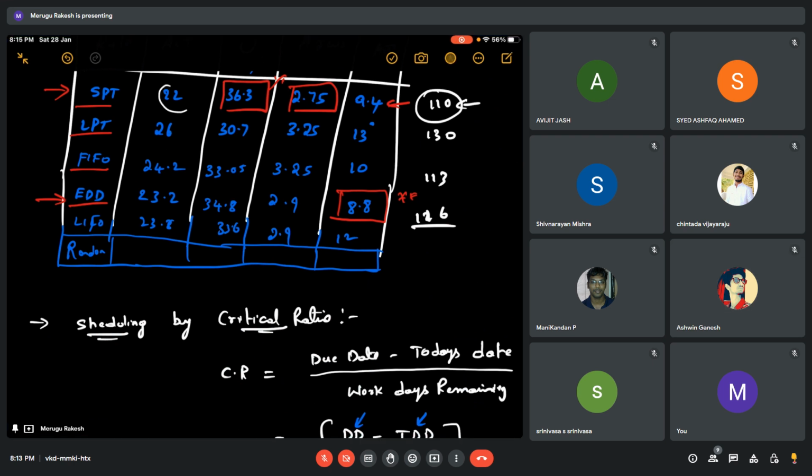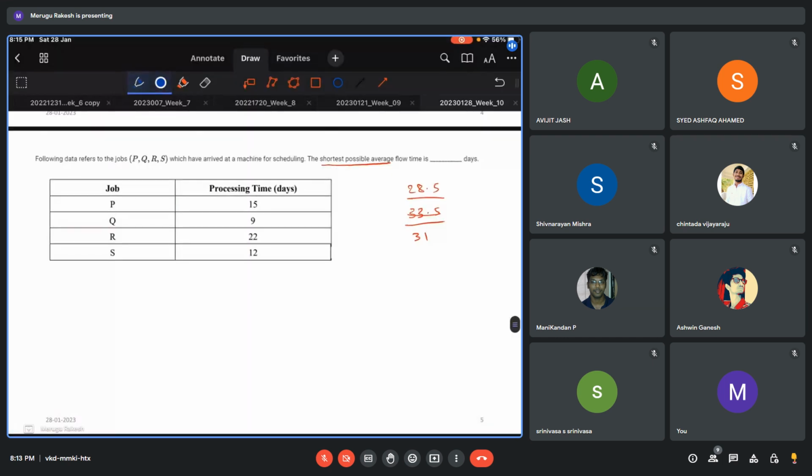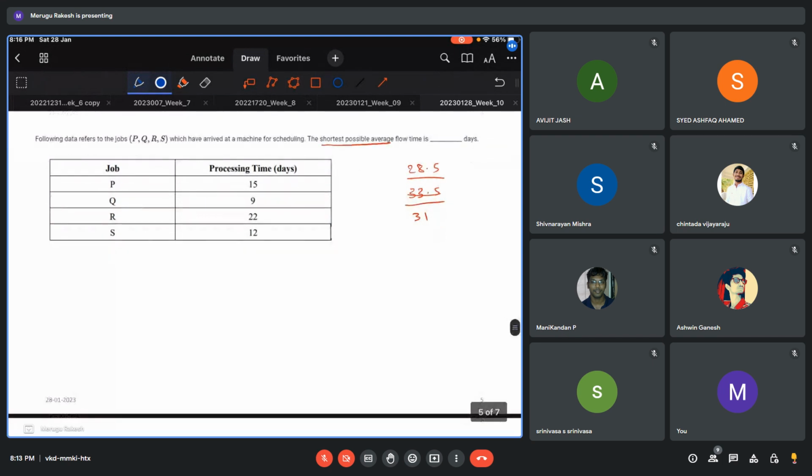Yes. So we have to apply SPT. If you are confident with that, then you can proceed easily. First thing first is to arrange the job sequence. I can directly write the processing time column, which is 9, 12, 15, and 22.